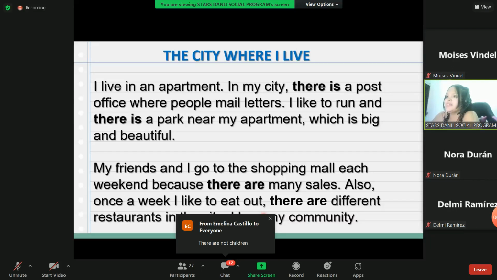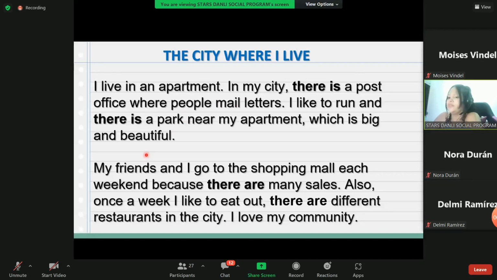Ahora, tenemos the city where I live. Lo primero no es I lie, no es the city where I lie. Recuerde que hablamos de live. Okay, the city where I live. And it says I live in an apartment. Okay, esa es la manera en la que la debemos pronunciar. Donde termina una consonant, usted lo une. Entonces, I live in. Y no, I live in an apartment.